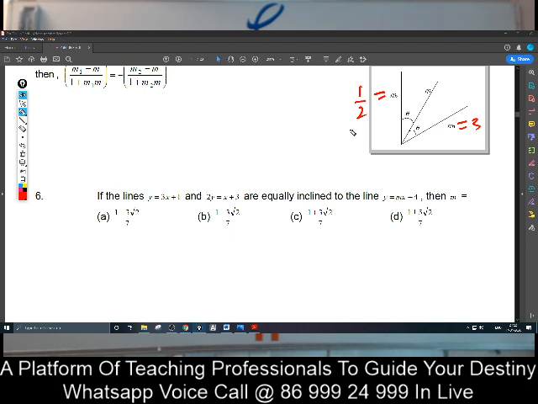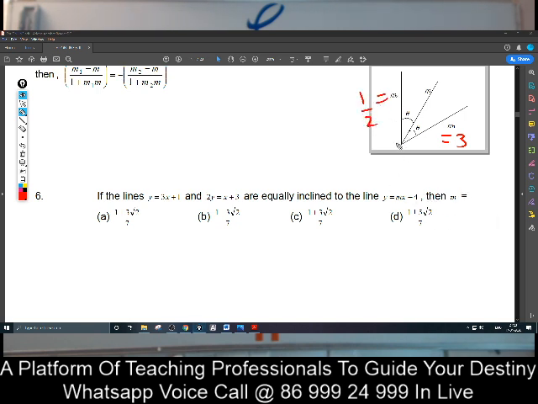Simple. Apply this now. M1 is 3, M2 is minus 1 by 2.